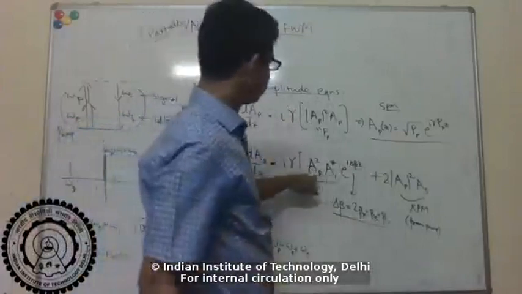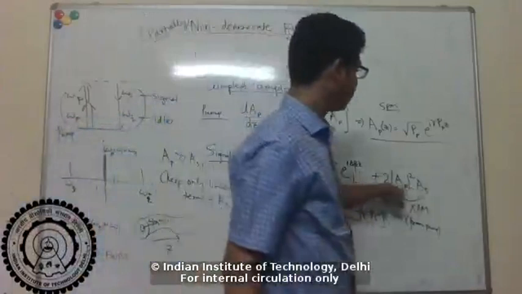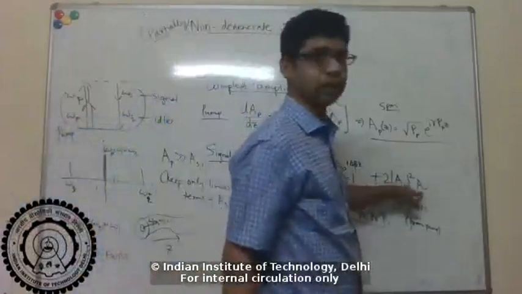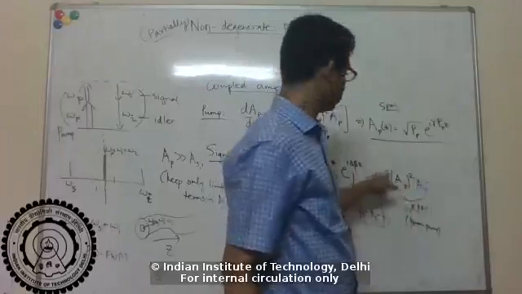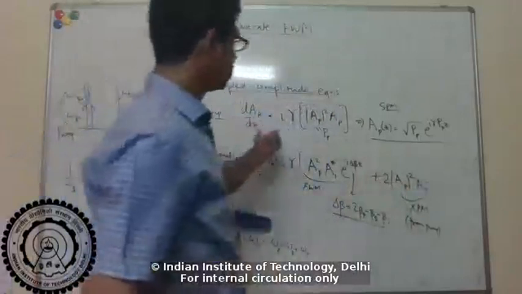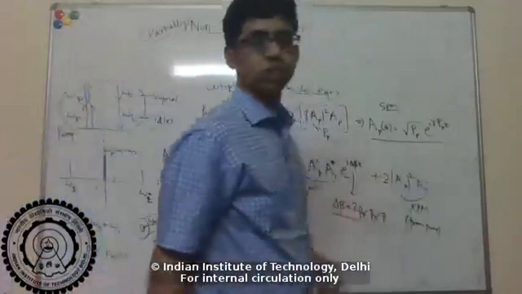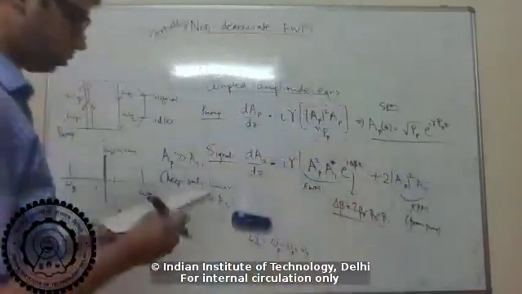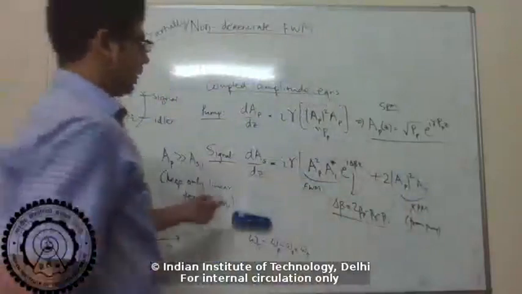So here again the degeneracy is only 3 because 2 of them are the same. But here all 3 are different, omega, omega p and omega s. So the degeneracy is 6. So we get a 2. And of course you know that cross-phase modulation has to be twice of self-phase modulation also. Okay, is that clear?